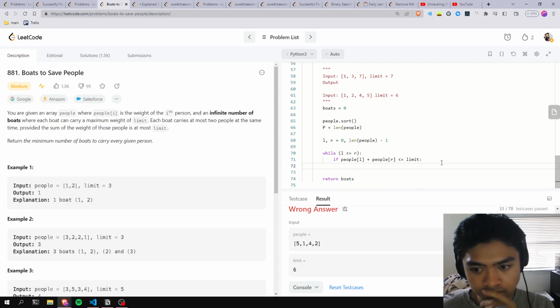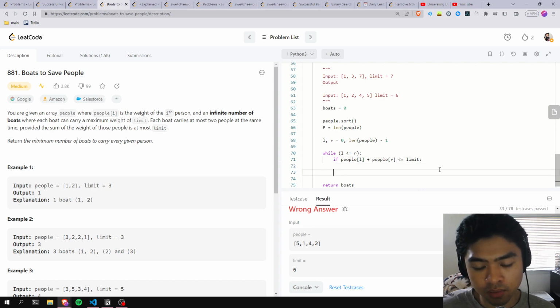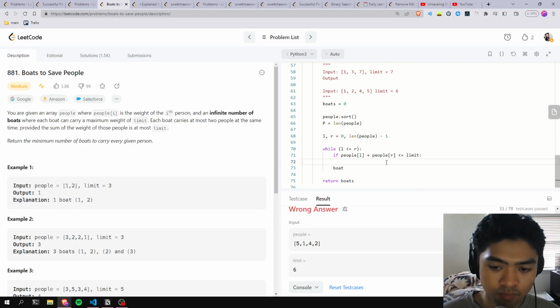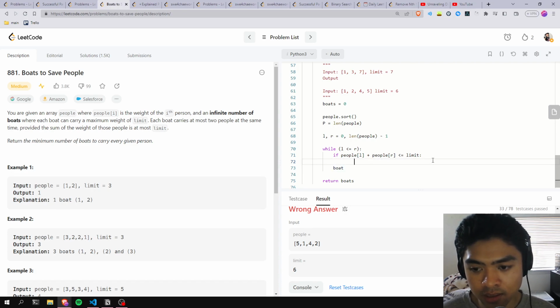So every iteration we're gonna make that a boat either way, because we can have not a pair and we can have a pair. Even if, in their conditional statements, I can just say boats plus plus, but just to make it more efficient, I guess it makes sense to just have boats plus equal 1, right?